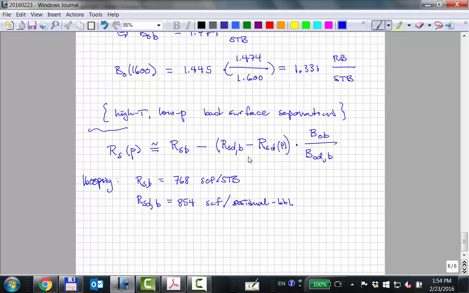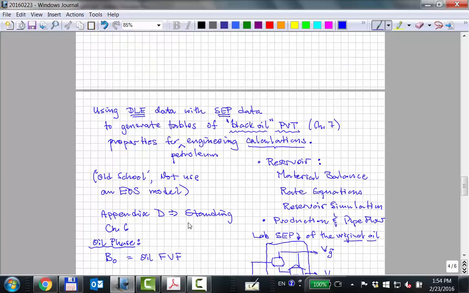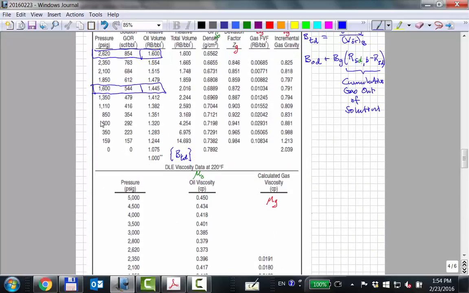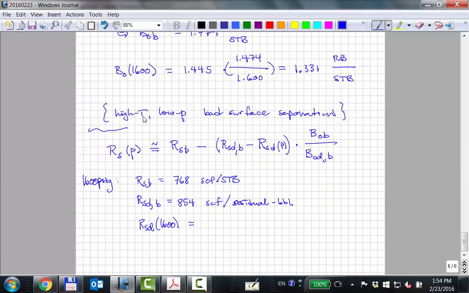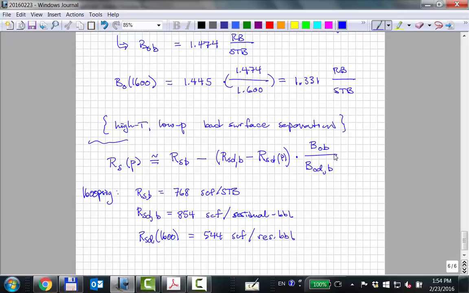Okay, and then RSD at 1,600. That was 544. And then these are the same, 1.474 over 1.6.